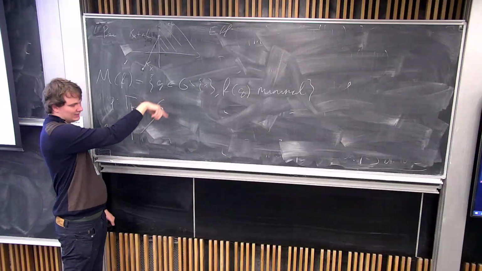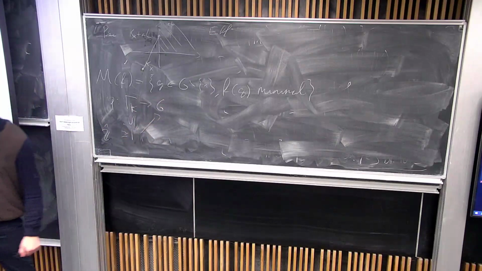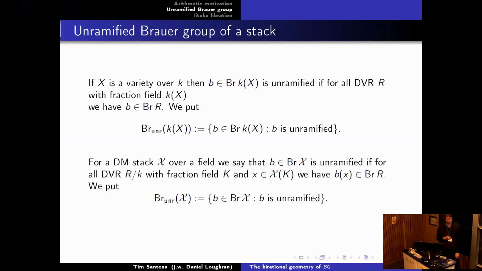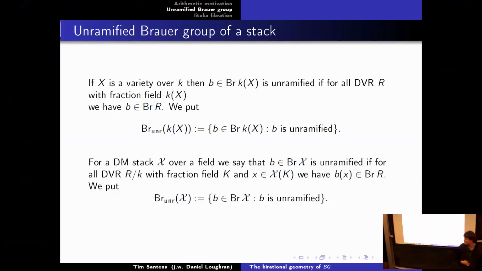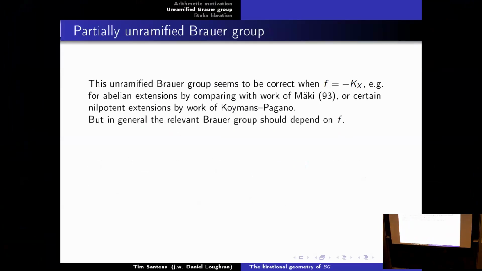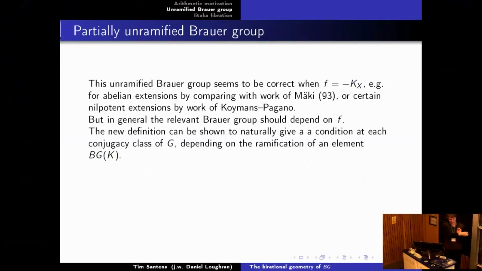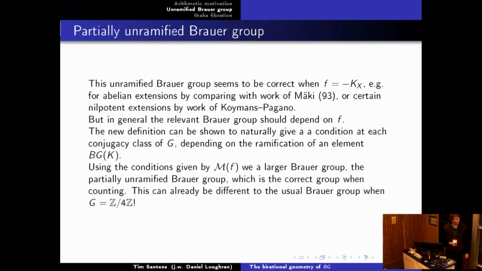And so this defines a cyclic subgroup of G, which turns out to be defined up to conjugacy. So depending on the cyclic subgroup, you really get a condition at each conjugacy class of G by splitting the K points into the lambda.